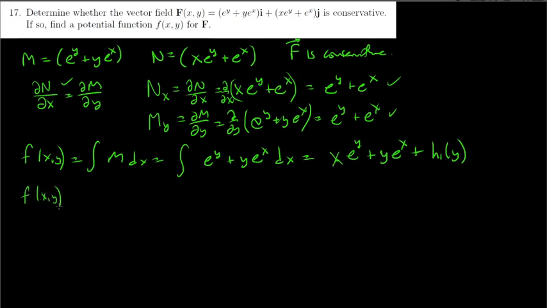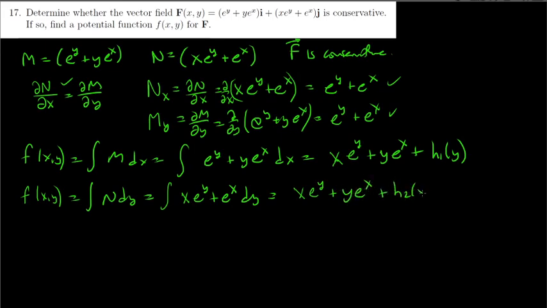So to find h1 of y, now we just integrate n, which is x e to the y plus e to the x, but now with respect to y. And in that case, you get x e to the y plus, yep, y e to the x.